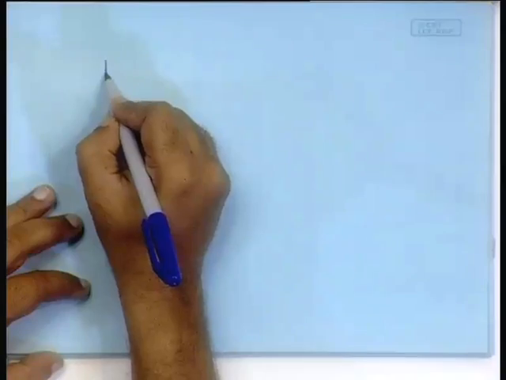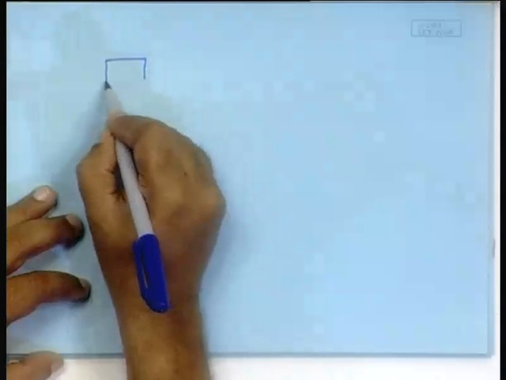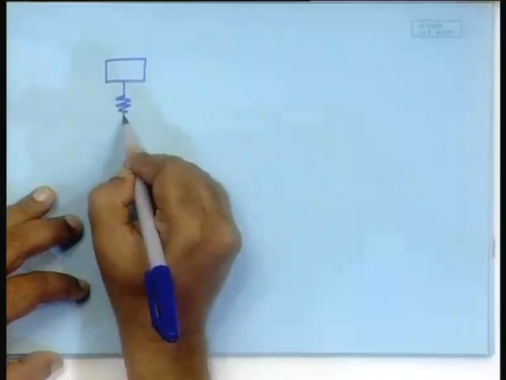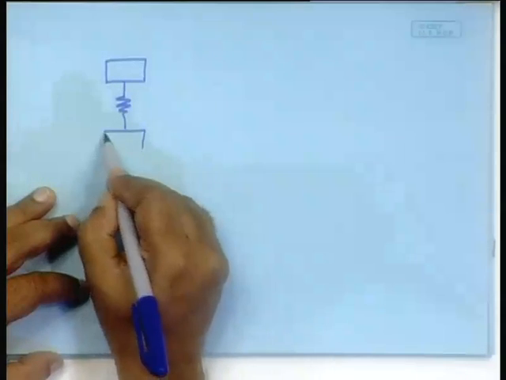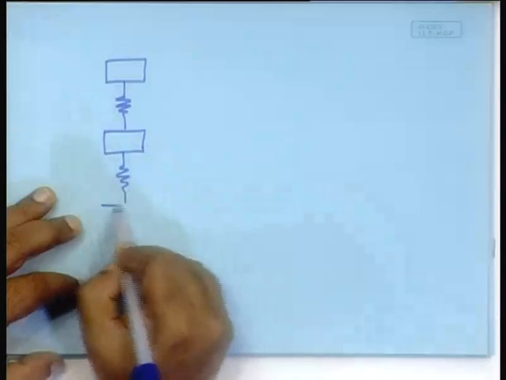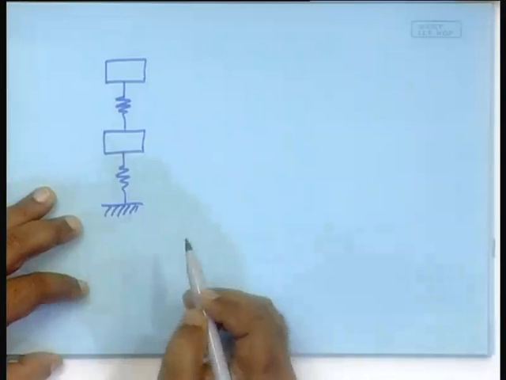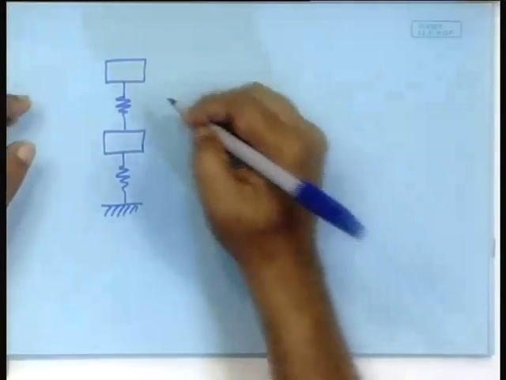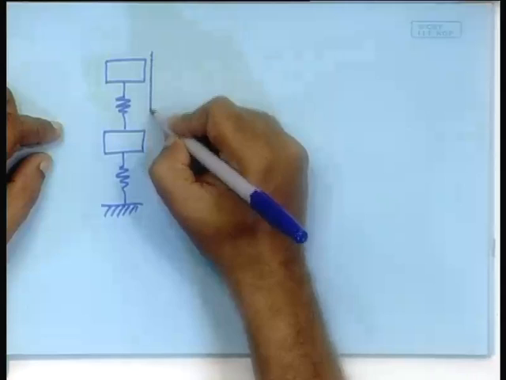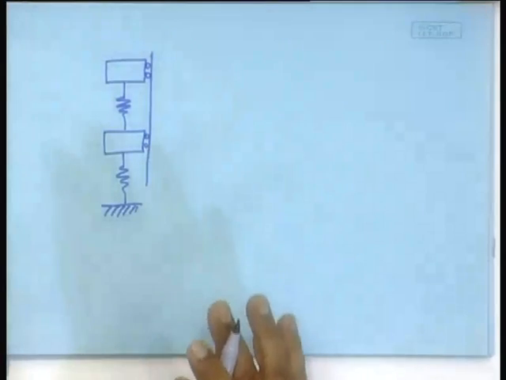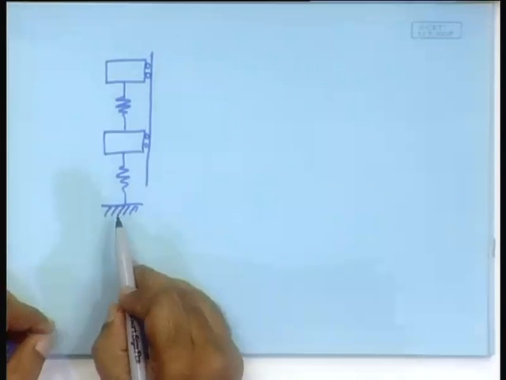If you have a mass here that is connected to a spring and to another mass, say that is connected to another spring to ground. Do not argue how it will stand, because it may be by means of some kind of a guide that is made to stand like this. Okay. We are considering the up and down motion.